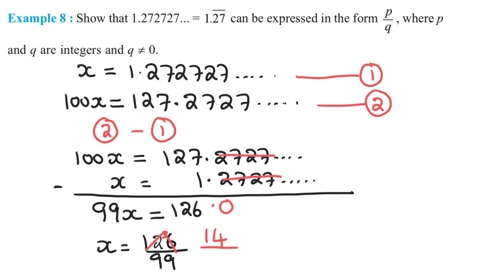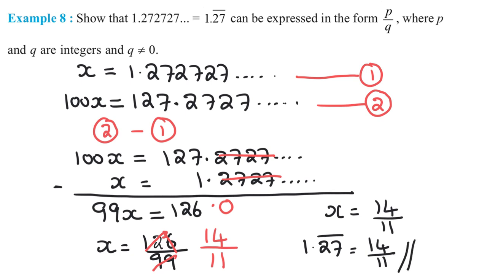Divided by 99 divided by 9 is 11. So x is equal to 14 over 11. In other words, 1.27 bar, when it is represented as a fraction, is 14 over 11.